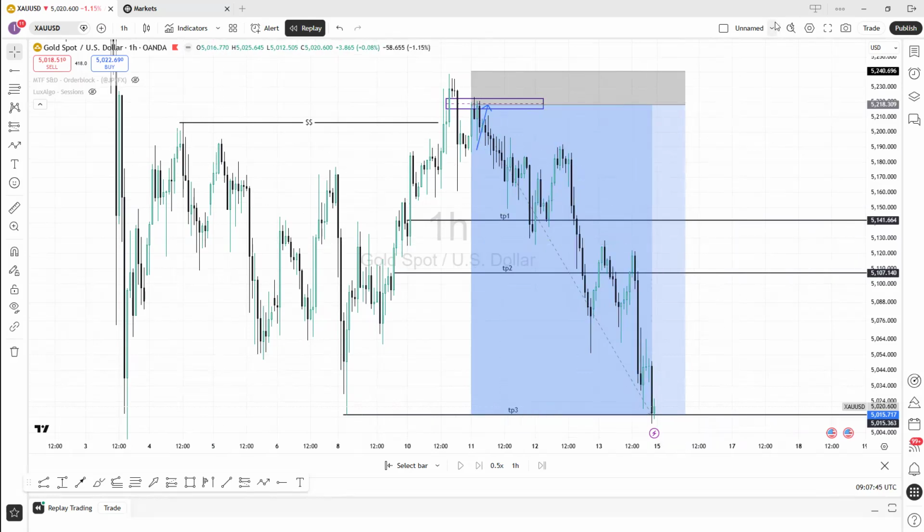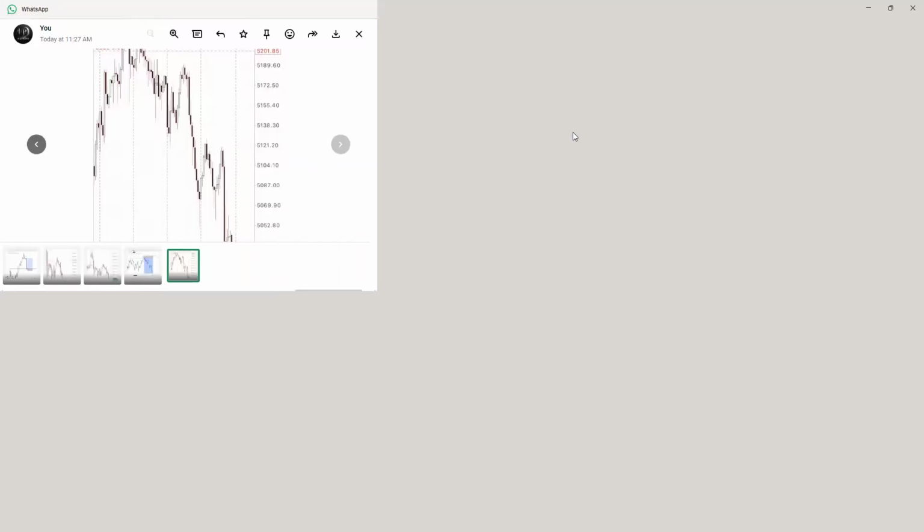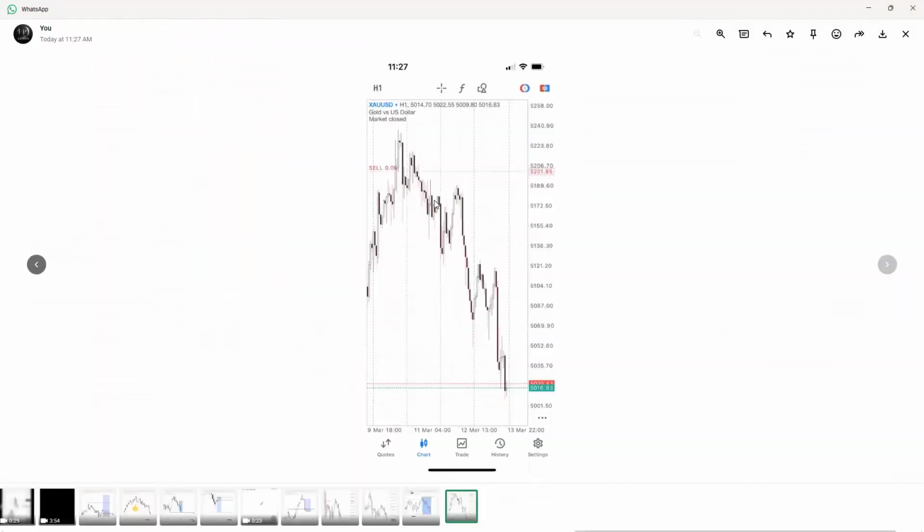Let me show you how we executed the trade. You can see that is last week. You can see this short position on gold executed from where? From that area, from this IFVG area. You can see I was a little late to enter, but executed.